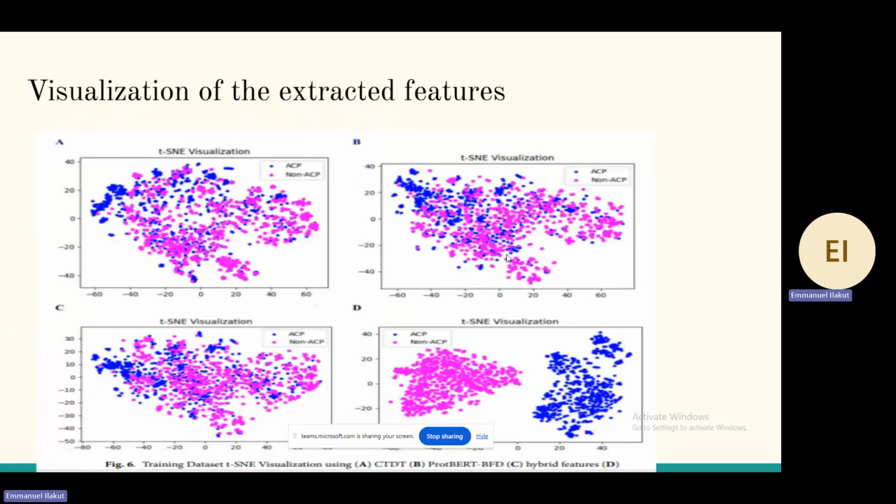Now, when we had a combination of the probability and the CTD features, we noticed that there was at least some overlap of the different features of feature selection.